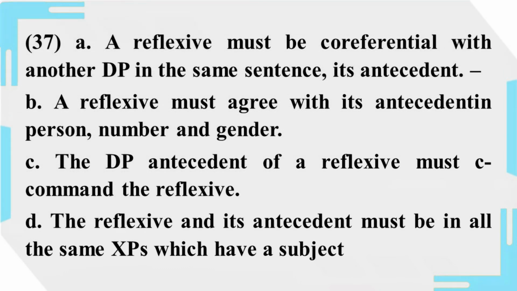A, a reflexive must be co-referential with another DP in the same sentence, its antecedent. B, a reflexive must agree with its antecedent in person, number, and gender. C, the DP antecedent of a reflexive must C-command the reflexive. And D, the reflexive and its antecedent must be in all the same XPs which have a subject.